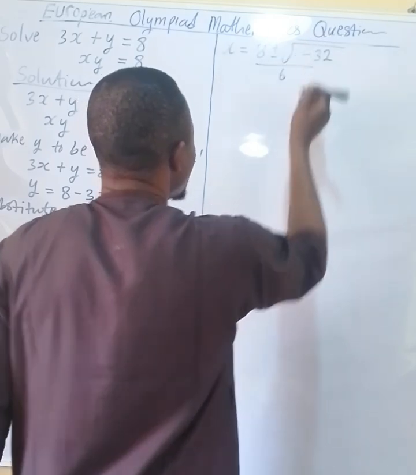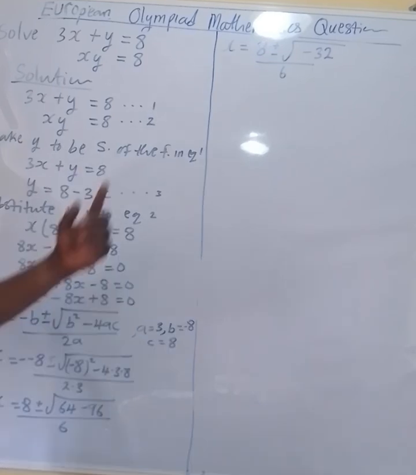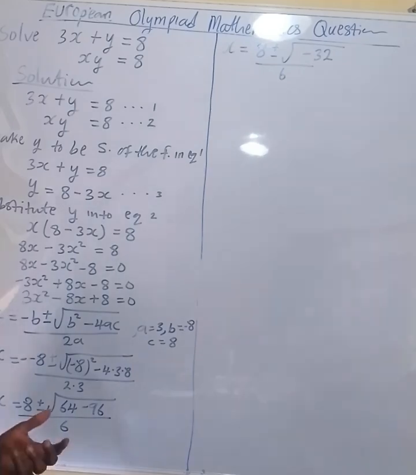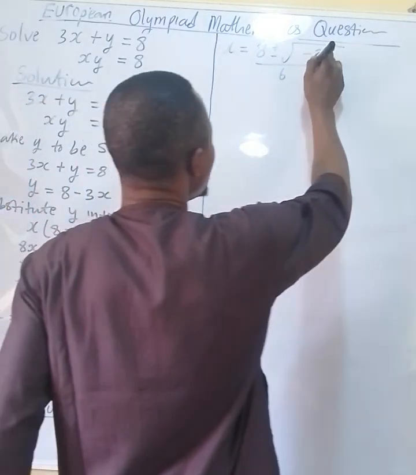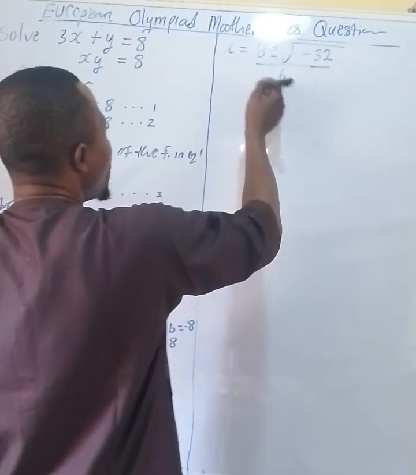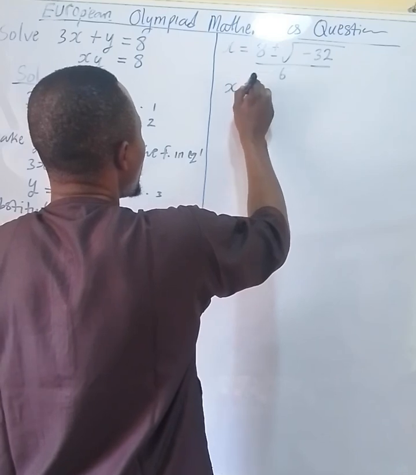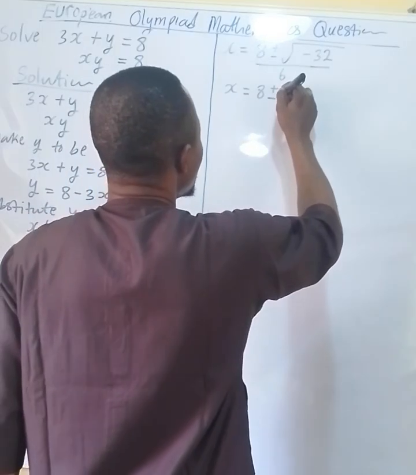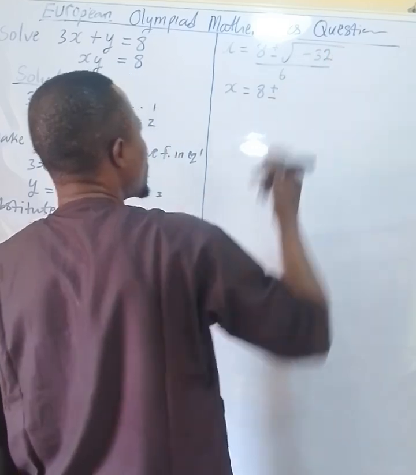Why is it minus 32? Because the value on the right hand side is bigger than what we have on the left hand side, so it gives us a negative answer. So x equals 8 plus or minus the square root of minus 32, all over 6.